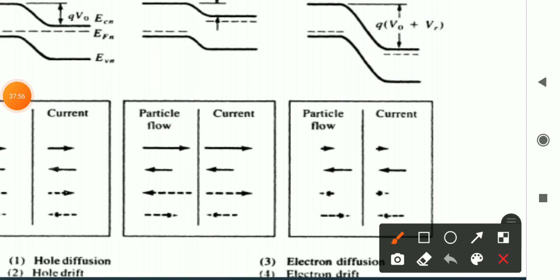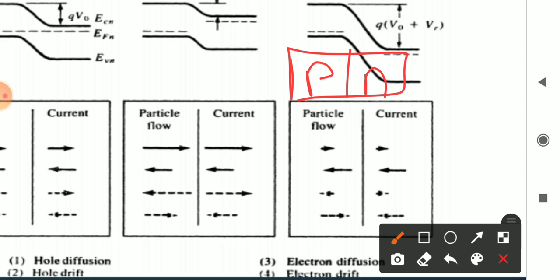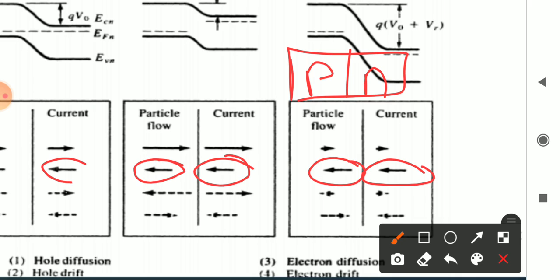Now the second point, hole drift. Hole drift is exactly opposite to that of hole diffusion. That's why opposite sign. And the current direction is exactly the same as hole drift. But you can refer that the drift magnitude is the same in all these three cases, because this drift is not getting affected by applied voltage.